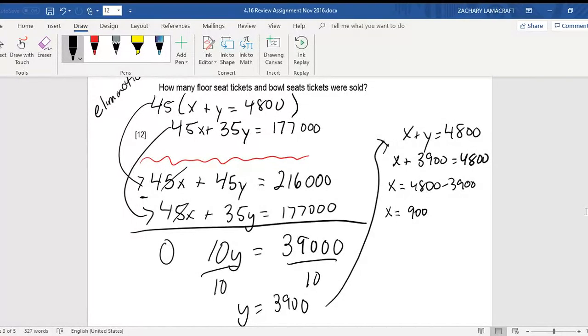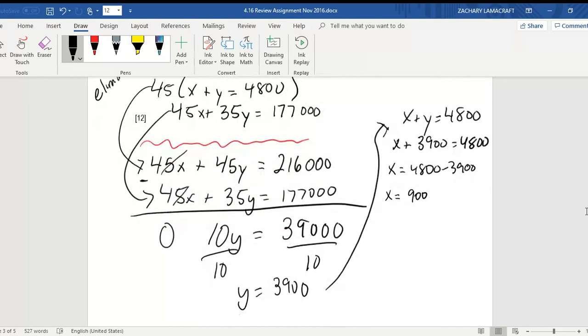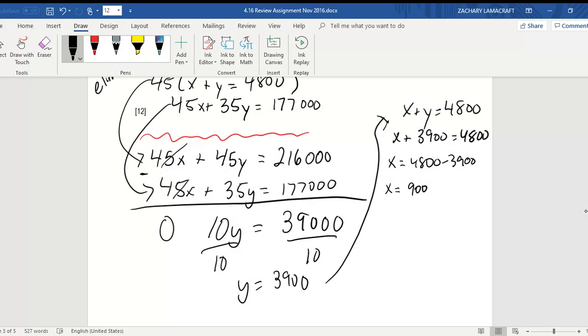So in this case, we know that the floor seats is x and the bowl seats is y. So therefore, there are 900 floor seats and 3,900 bowl seats. Okay?